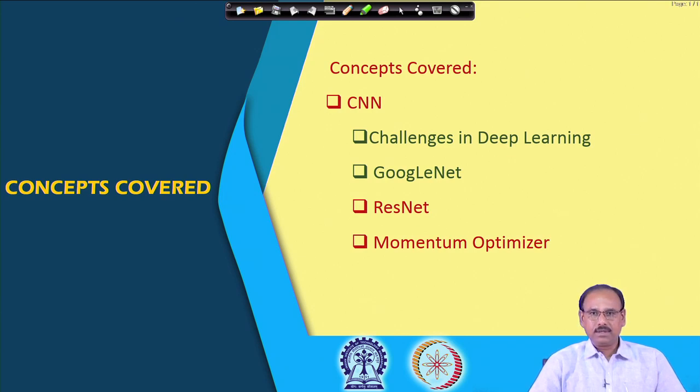In today's lecture, we will talk about another network architecture which is known as residual network or ResNet, and we will also see how in the residual network the vanishing gradient problem is addressed.